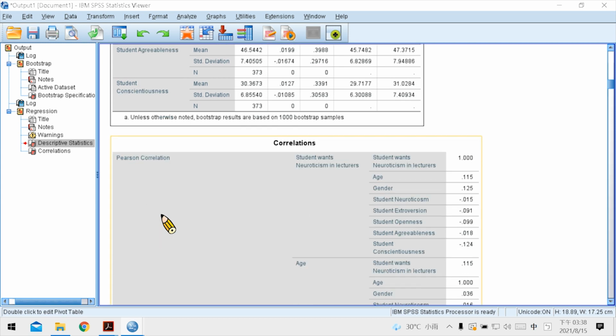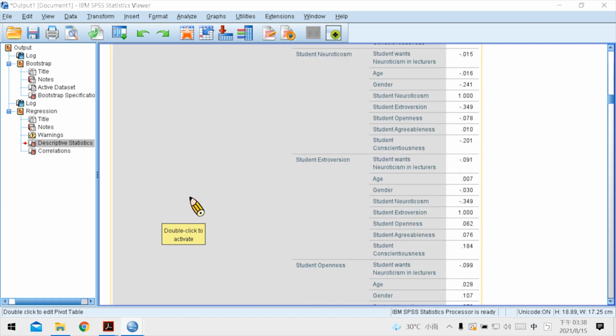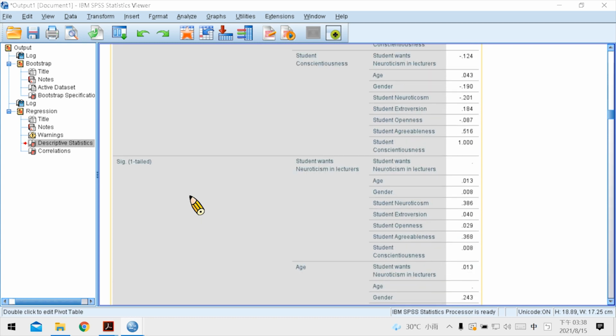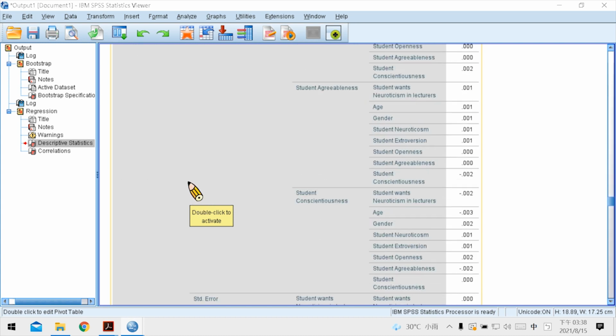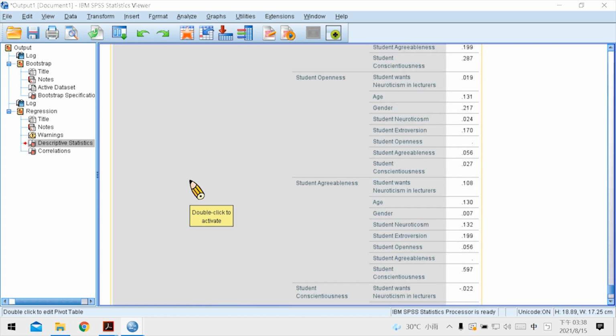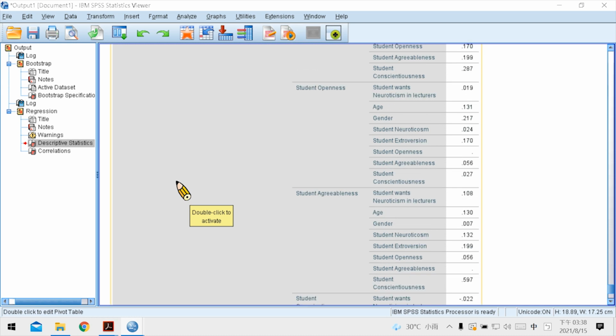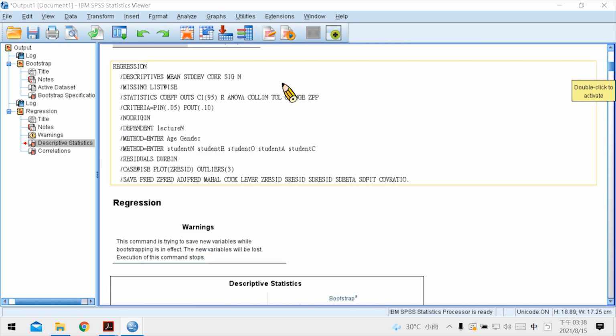Okay, so the next we see the correlation. Okay, so let's see the next table. Bootstrap.